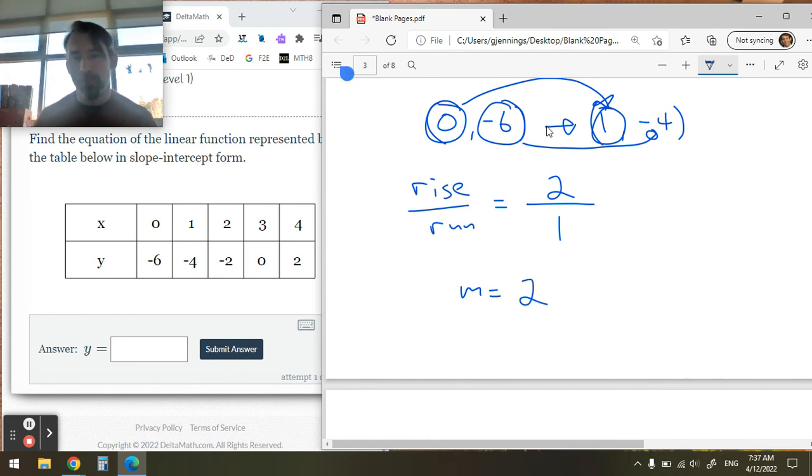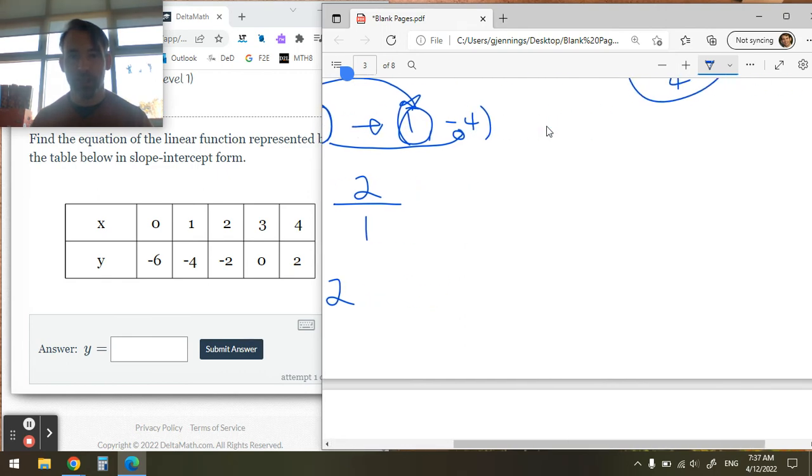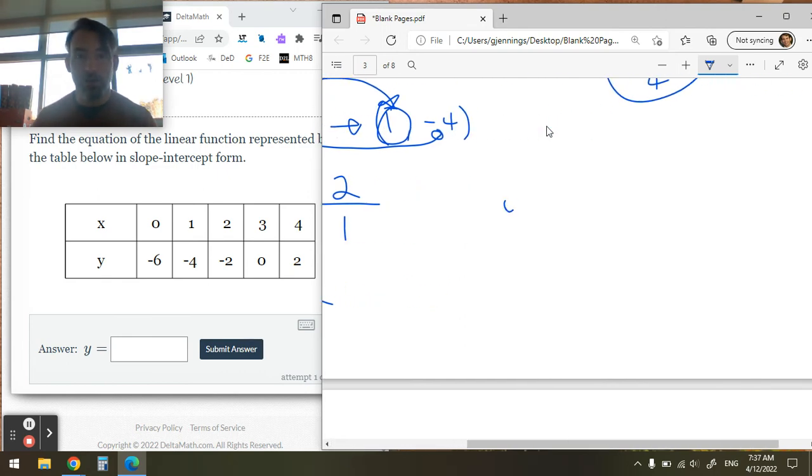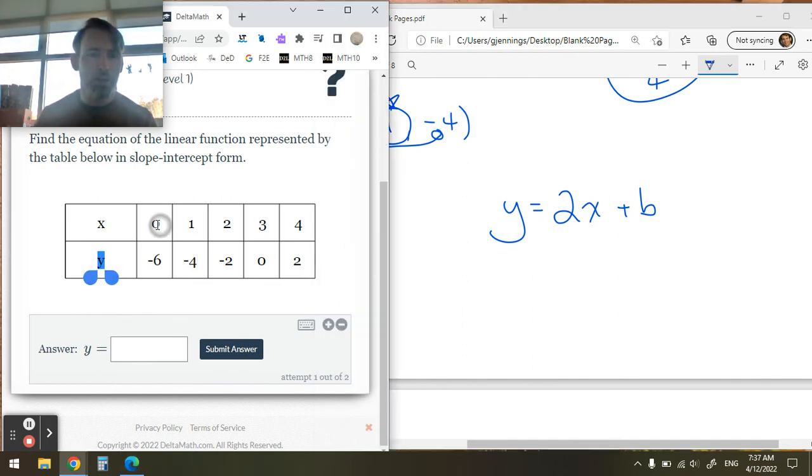Now I know that for every change in x, there's a change of 2 in y. So I'm going to have an equation that looks like this: y is equal to 2 multiplied by x plus some number. Why is it plus some number? Because if y was just equal to 2x, then 0 in the x would give me 0 in the y. But that's not the case.